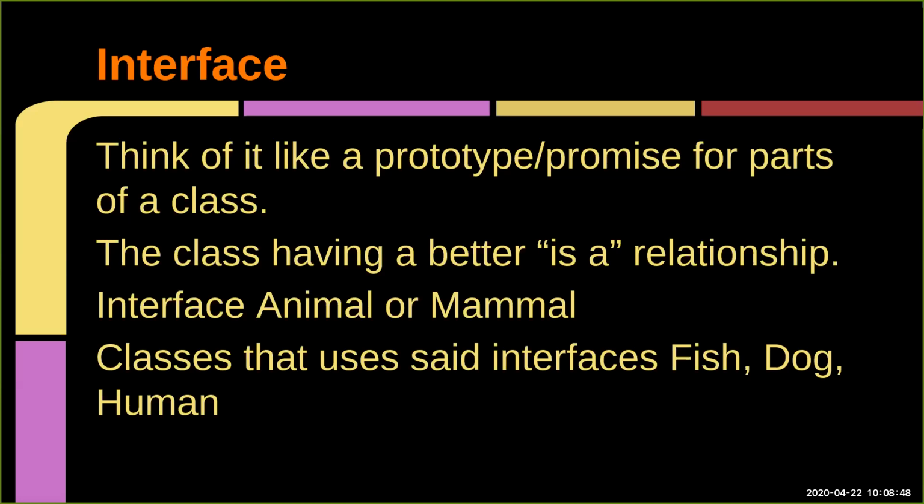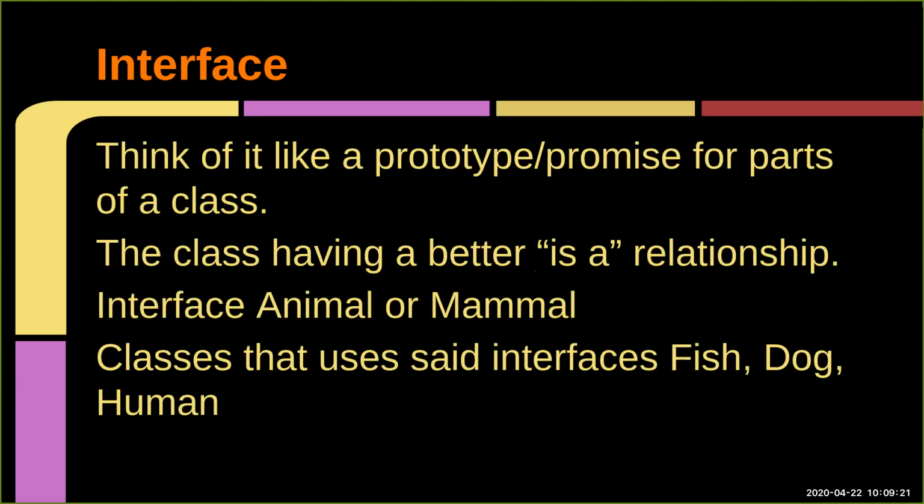Just like we do prototypes with our methods, we're saying, hey, later if somebody is using us, we're going to have a definition for this part. And so we can think of it as an is-a relationship.